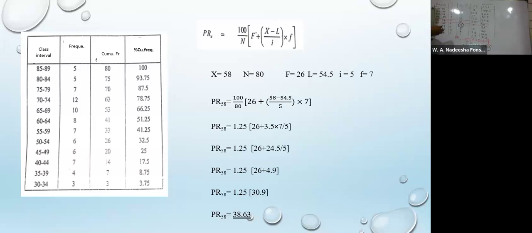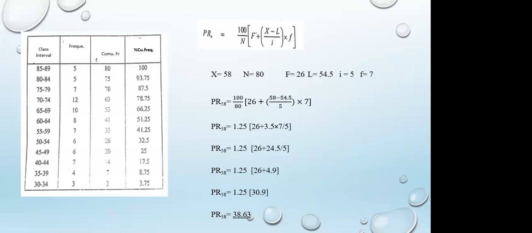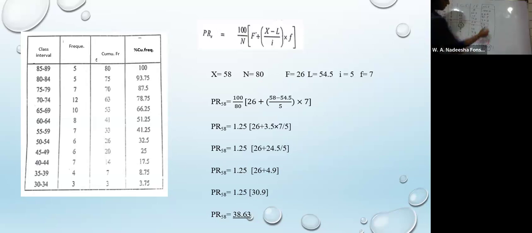Now, simplify. 5 over 2, so PR 52 equal 5 over 2, 14 plus 52 minus 49.5, that is 2.5.